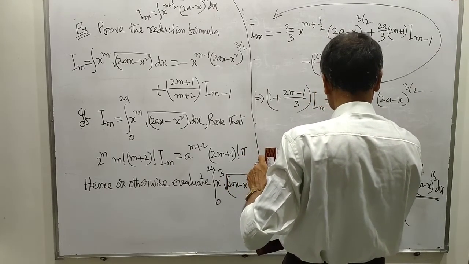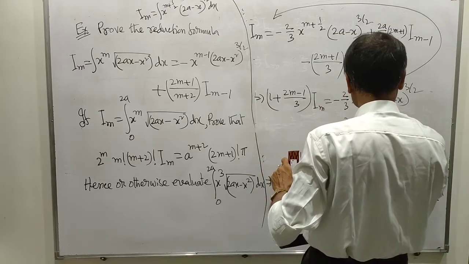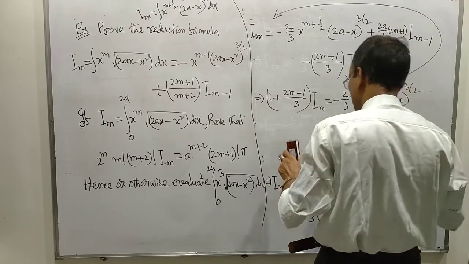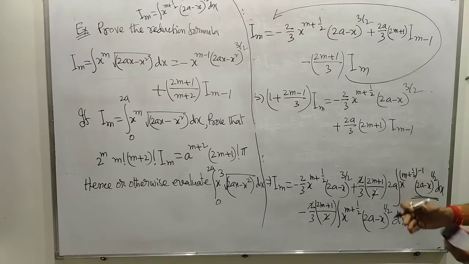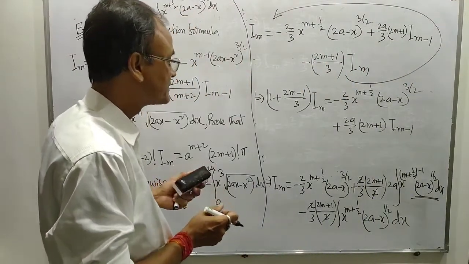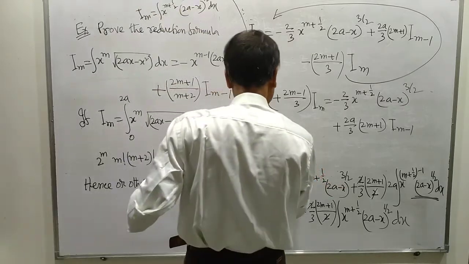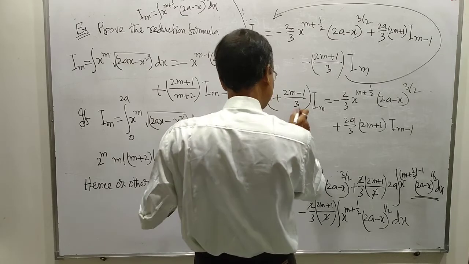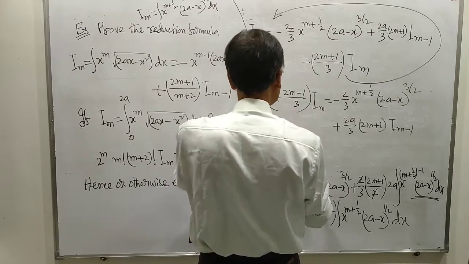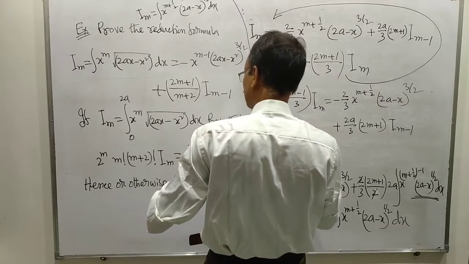plus 2a/3 times (2m plus 1) I_(m minus 1). Now multiply both sides by 3. If you multiply both sides by 3, then you will get 2m plus 3 minus 1, which means 2.